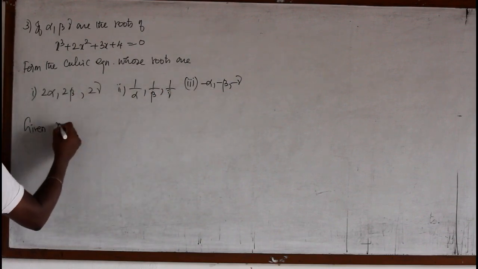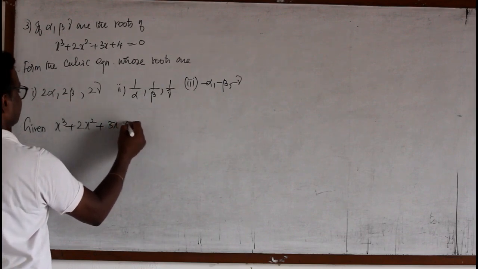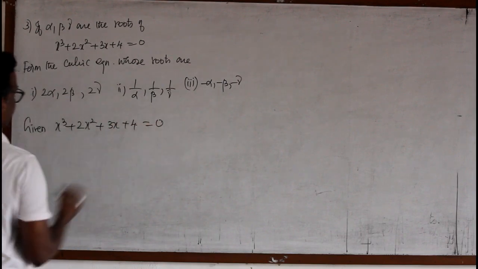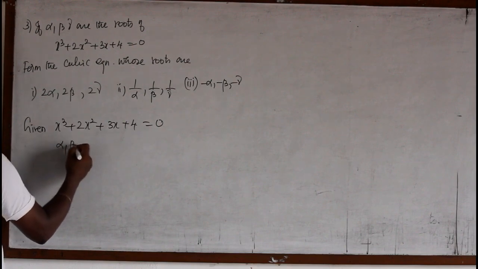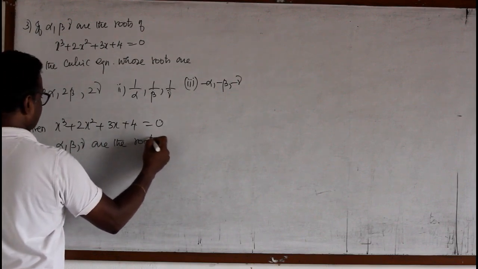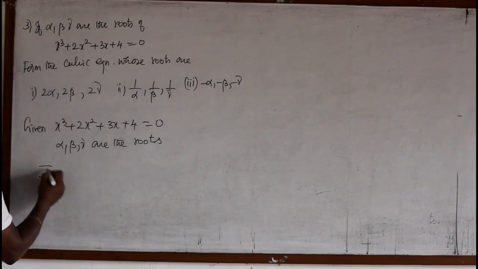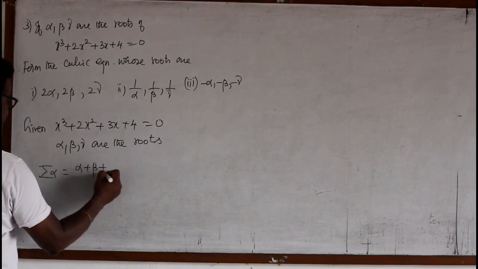So given x cube plus 2x square plus 3x plus 4 equal to 0. Here, if alpha, beta, gamma are the roots, then sigma alpha, meaning single elements, is alpha plus beta plus gamma.